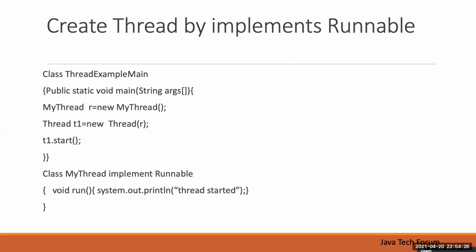If in our thread class we implement the Runnable interface, we have one more chance to extend another base class. That is the main advantage of using Runnable.